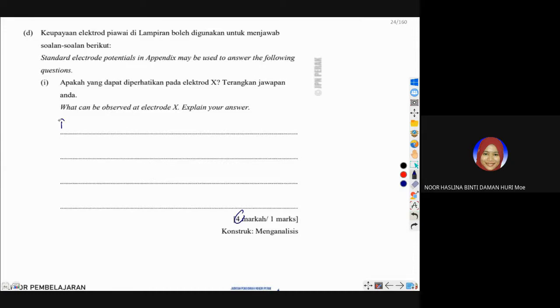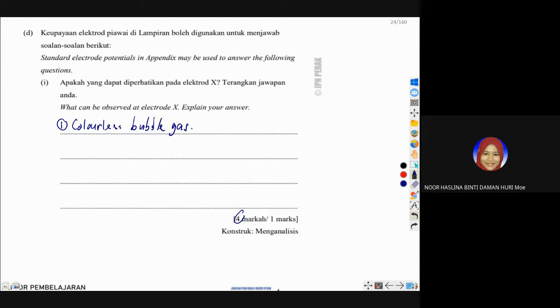Number 1, you can see the colourless bubbles of gas. Or bubbles of colourless gas. Colourless bubble gas, you will see. Okay. And then, you see what else?